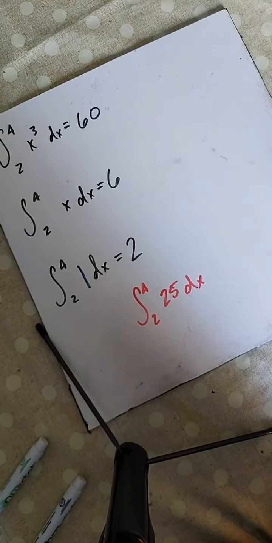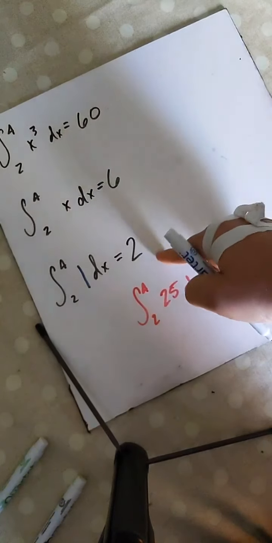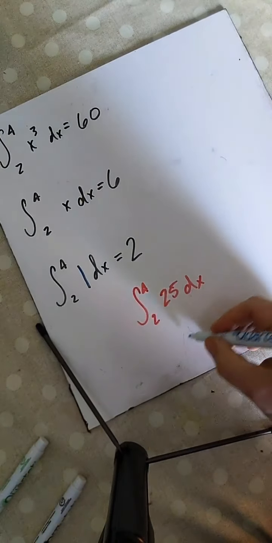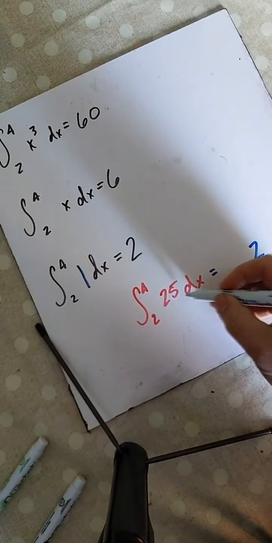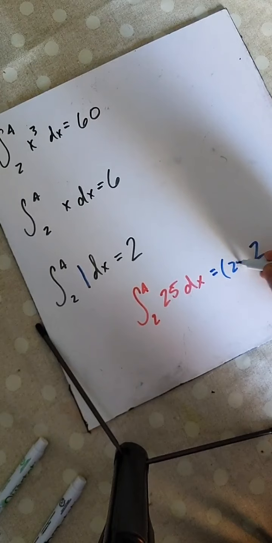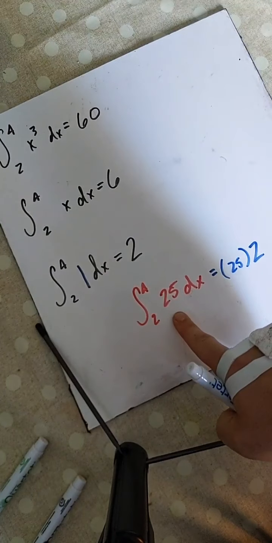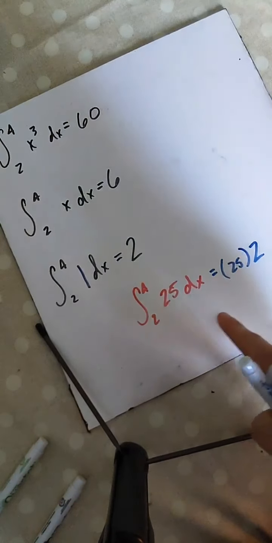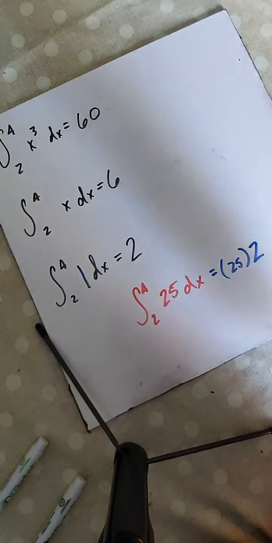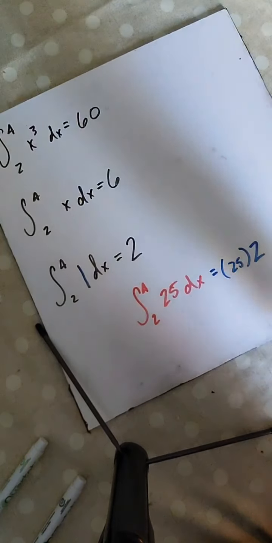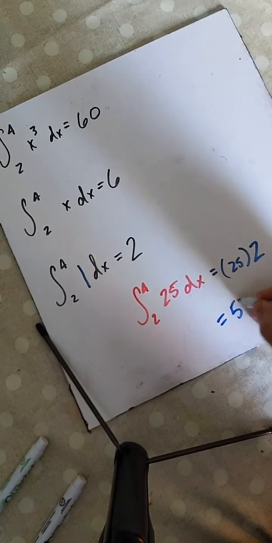What we have to remember, though, is that we can multiply the answer by any constant. So instead of setting this equal to 2, which is what 1 dx would be, we're going to take 25, our constant, and multiply it by the answer. So 25 times 1 is 25. So to get the answer, we're going to multiply the answer of 2 times 25. That'd be 50.